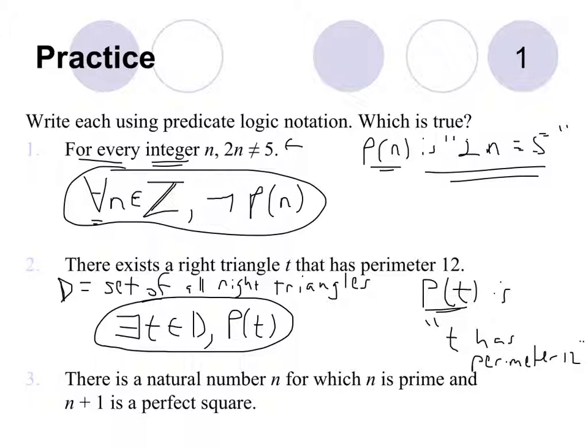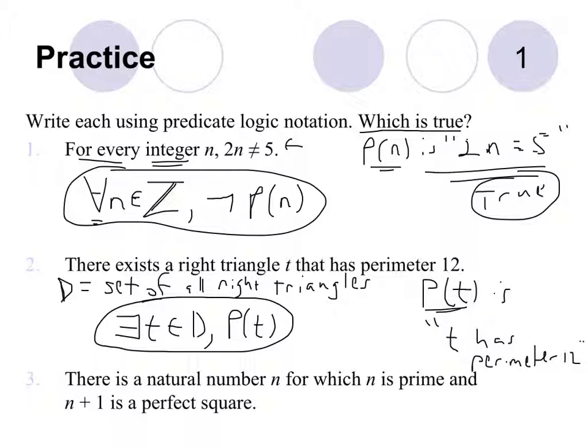Oh, I guess it does say we should decide which of these is true. Well, I think both of these are actually true. It's not hard to see that it's impossible to make 2n equal to 5 if the n's you choose have to be whole numbers, have to be integers.